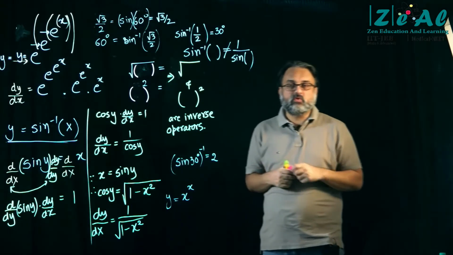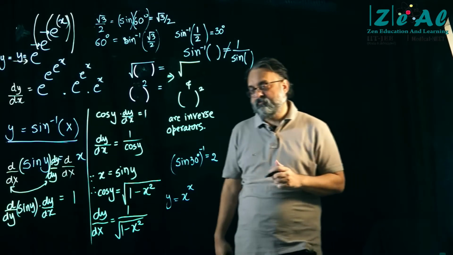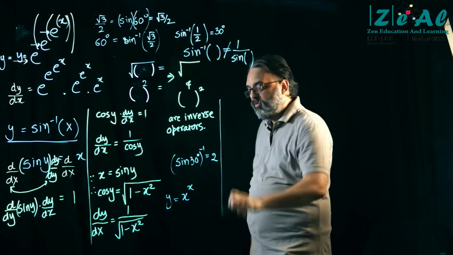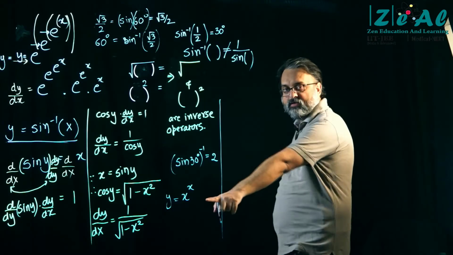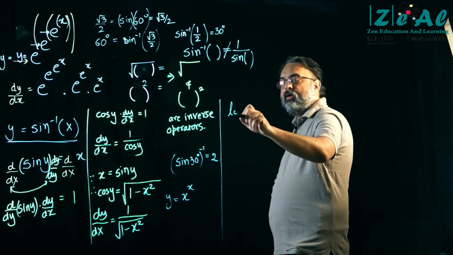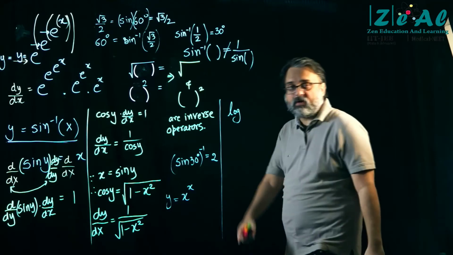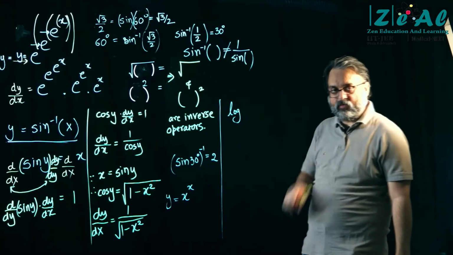The concept is to use the concept of logarithm. So I will rewrite this expression and take log on both sides. I am writing log, but I mean ln, natural log.